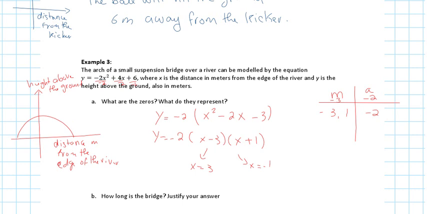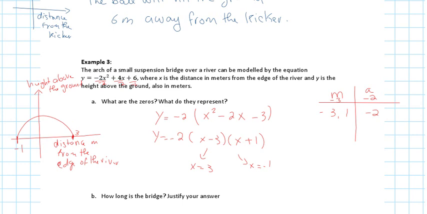So if I look at this bridge, eyes on me for a second. Negative 1 and 3. Can I ignore the negative 1 in this scenario? If I ignore the negative 1, that means I'm ignoring part of the bridge. Is that okay? No. So I have to use both of these answers. That's why I always tell you, think about your question. Sometimes you ignore the negative part, but sometimes you don't.